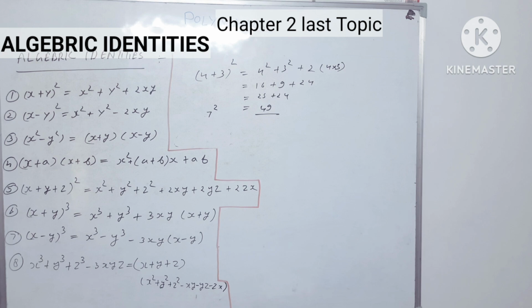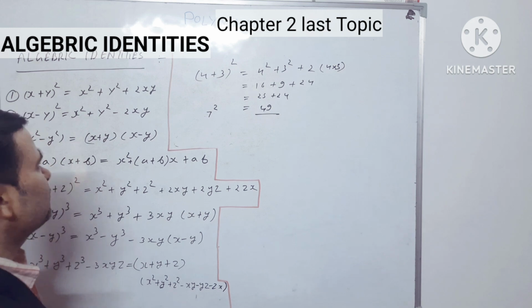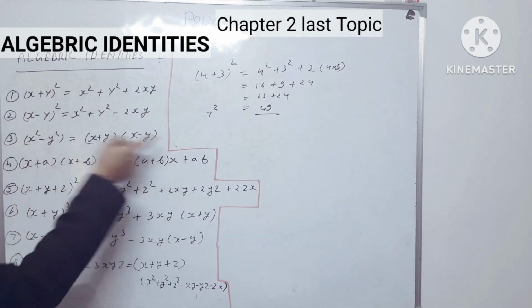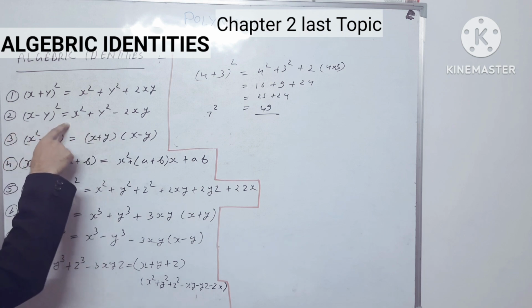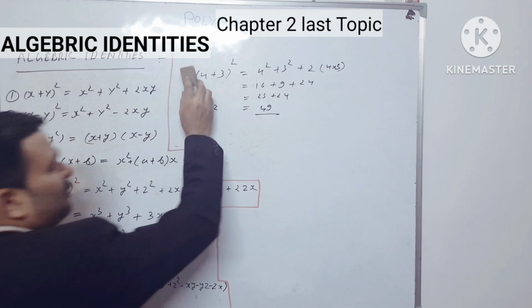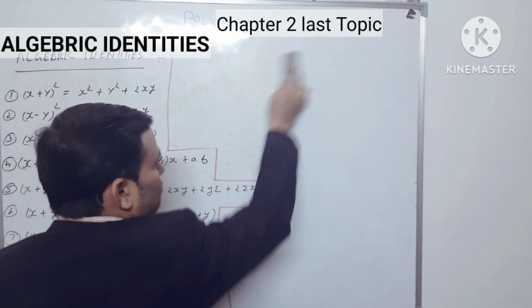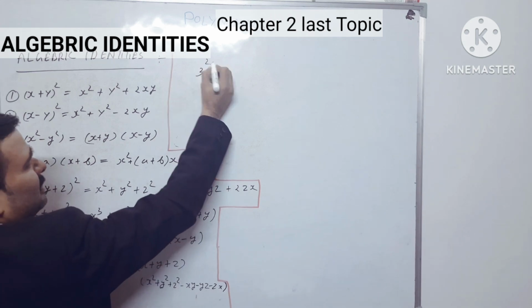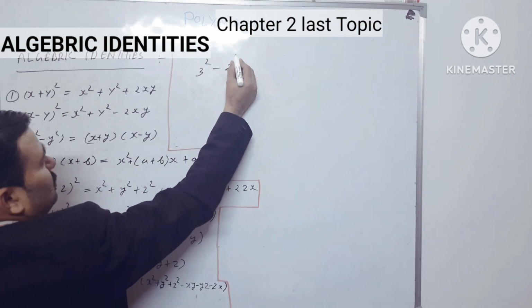So with the help of these algebraic identities you can find solutions, and you can use these algebraic identities in solving various problems. Now with the help of this you can also calculate (x minus y) whole square is equal to x square plus y square minus 2xy. Now suppose we want to find 3 square minus 2 square.